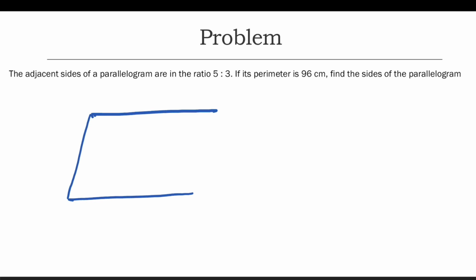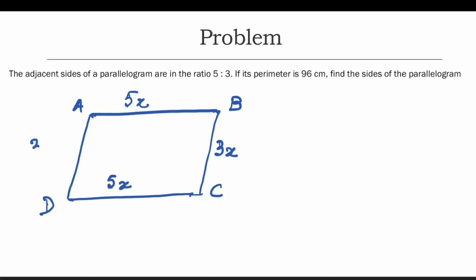This is a parallelogram, right? So A, B, C, D. Now, adjacent sides of the parallelogram are in the ratio 5:3. So if one side is 5x, this side is 3x. How much would be this side? 5x, because opposite sides are equal. And how much will be this? 3x.